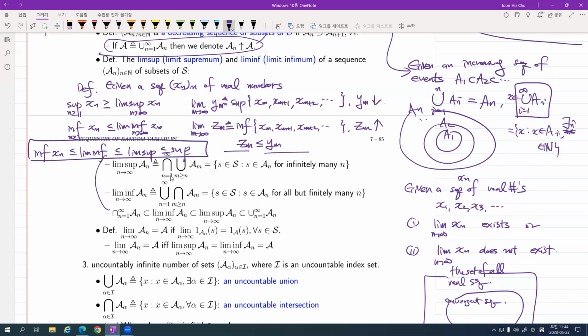Something like that. And what if the sequence is convergent? Interesting thing is that if the sequence converges, these two are the same. So you take the lim sup, you take the lim inf. If they are equal, that is the limit.